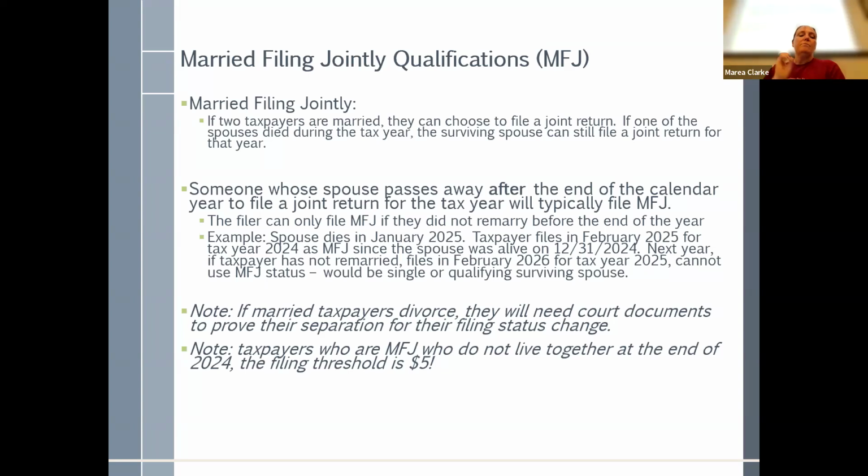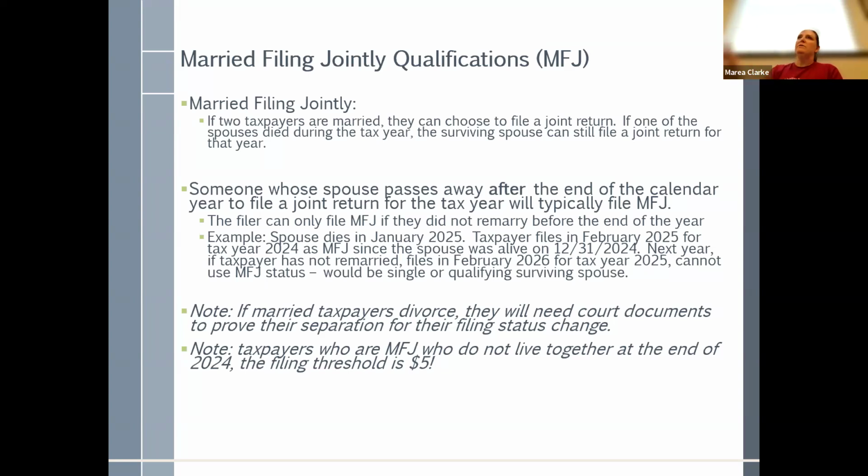All right. If one of the spouses died during the tax year, that surviving spouse can file a joint return for that year. Someone whose spouse passes away during the calendar year will typically file married filing jointly for that year. They can only do that if they didn't remarry before the end of the year.